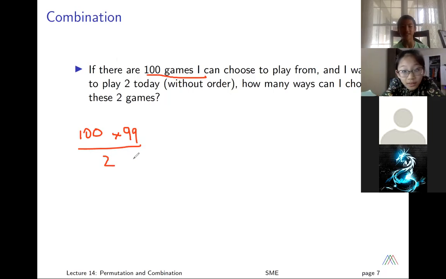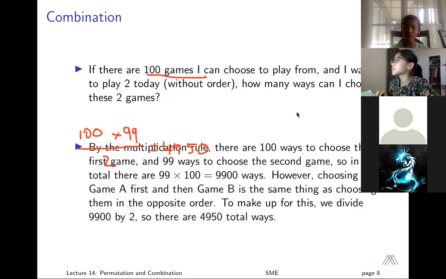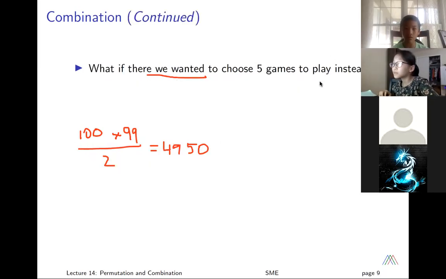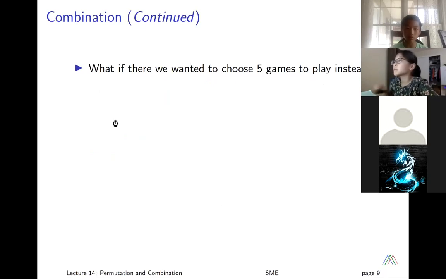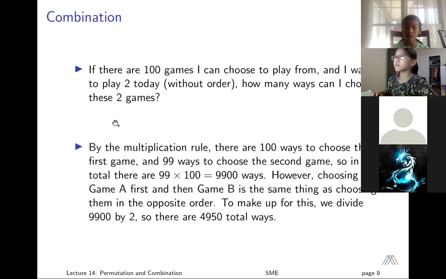So the answer to this, if you did some math, would be 4,950. We can check the slides. And I'll erase my drawings. So indeed, there are 4,950 total ways.